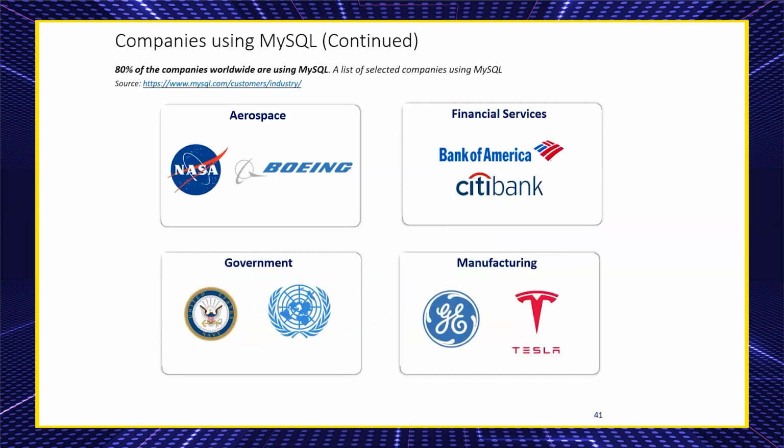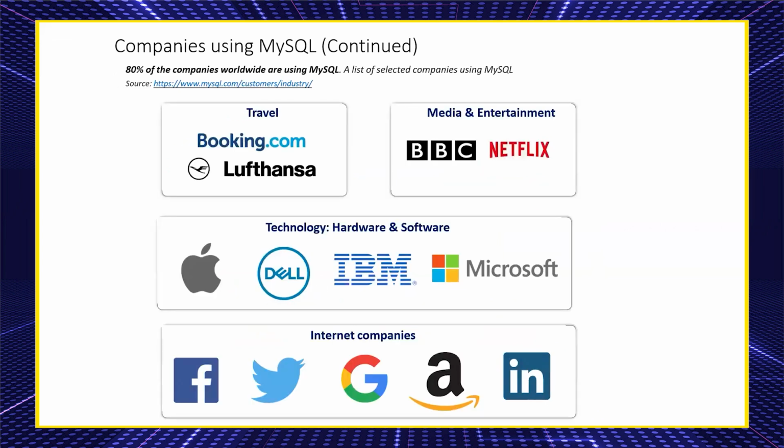Some of the companies, like Bank of America, Citibank, Standard Chartered Bank, GE, Tesla, Government of USA, NASA, everyone is using SQL, MySQL. Companies like Booking.com, BBC, Netflix, Microsoft, all the top FAANG companies are also using MySQL.